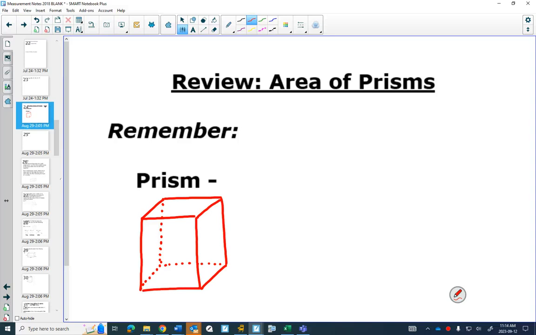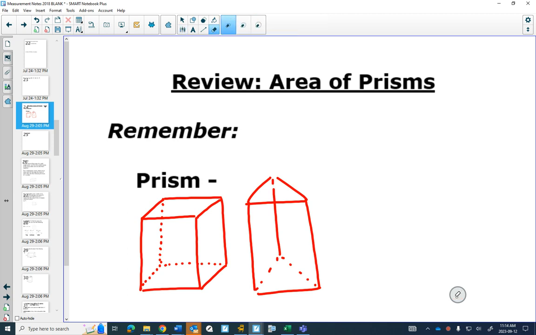Sometimes prisms can be drawn like I can draw a triangular prism with a triangle on the bottom. Oh, this one should have been dotted. That's fine.